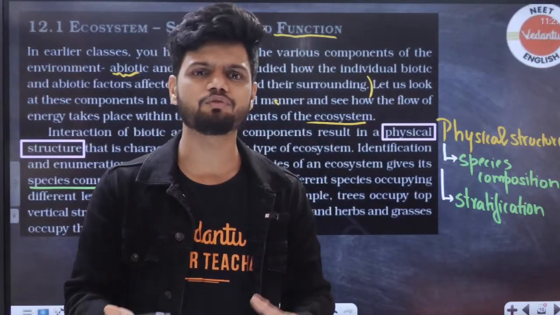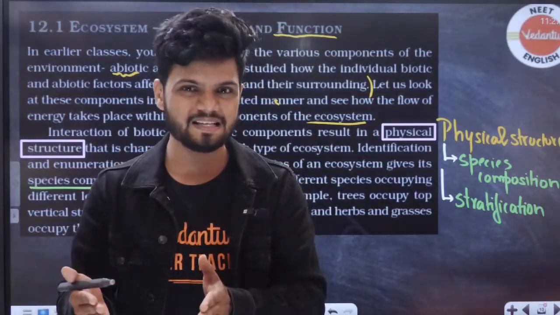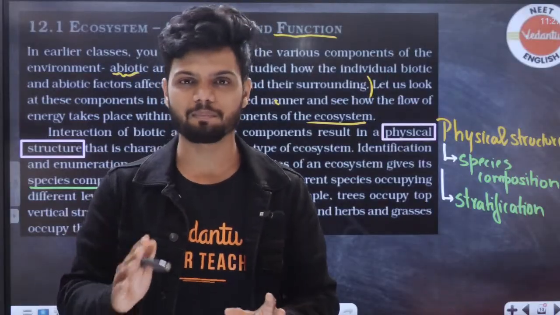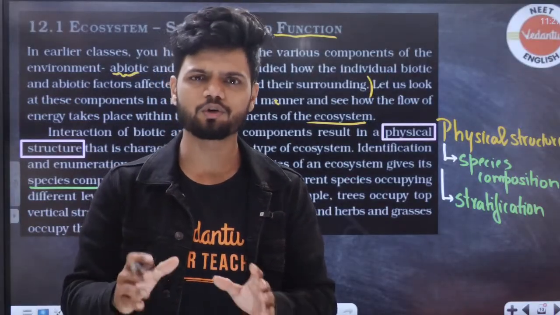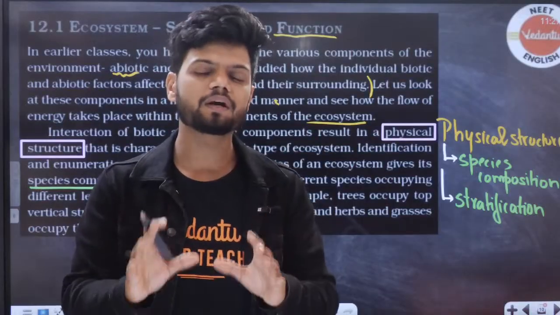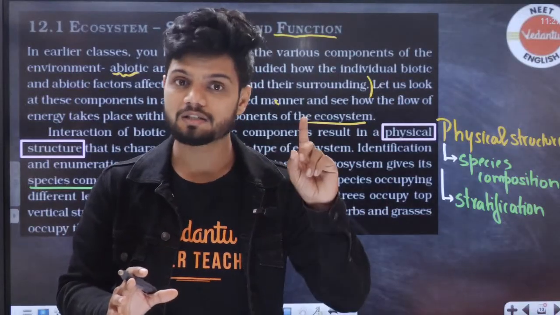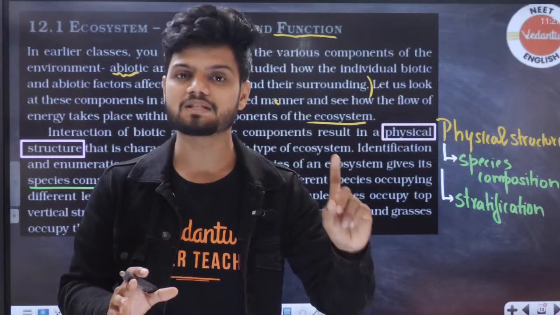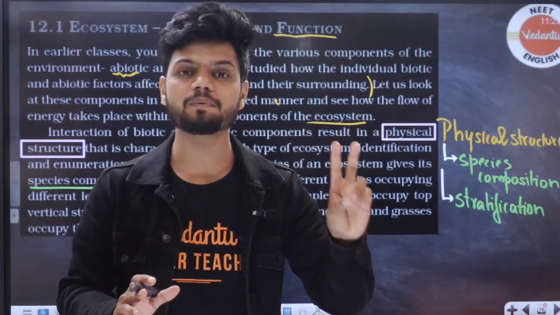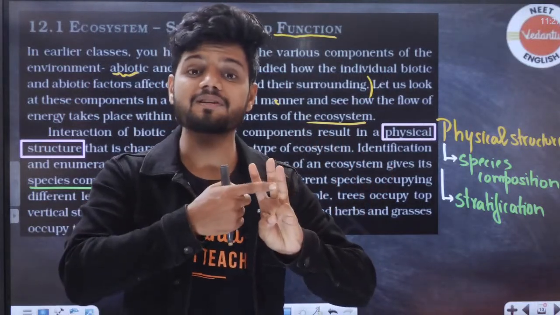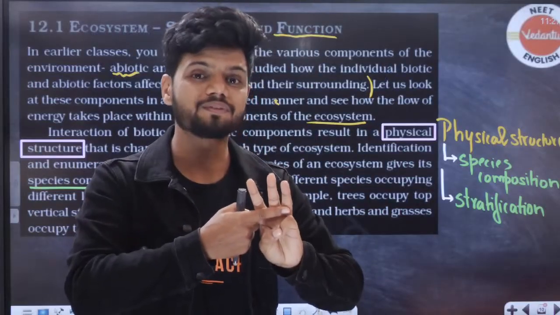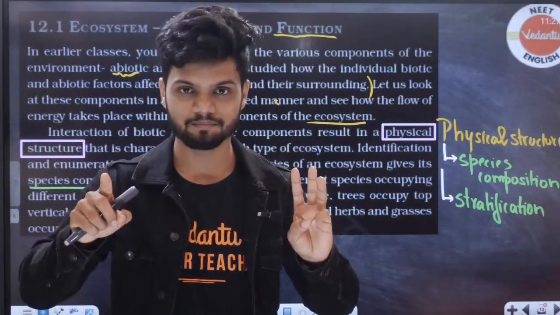For example, you might have 2 mango trees, 2 guava trees, 2 apple trees. Not possible apple, unless you're in Kashmir. 2 neem trees, let's say. Now you can count: mango tree, species 1, neem tree, species 2, guava tree, species 3. So there are 3 different species of trees in your area.